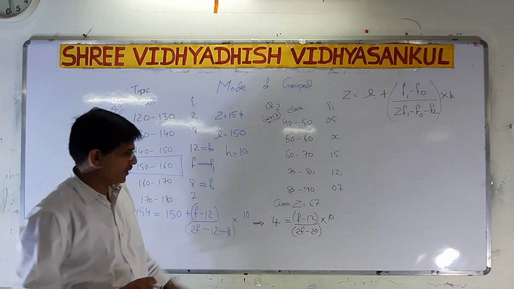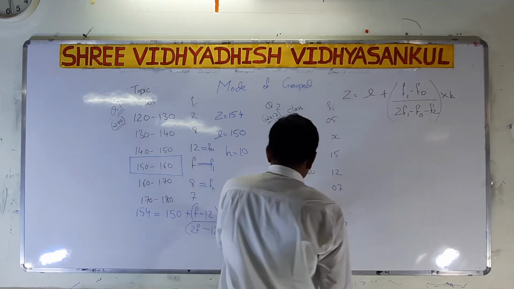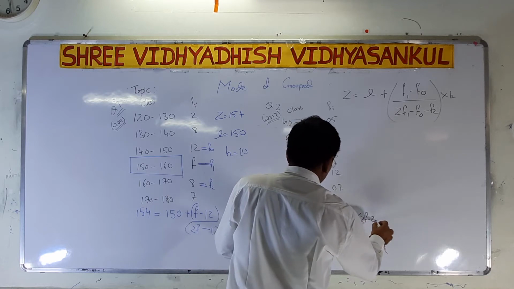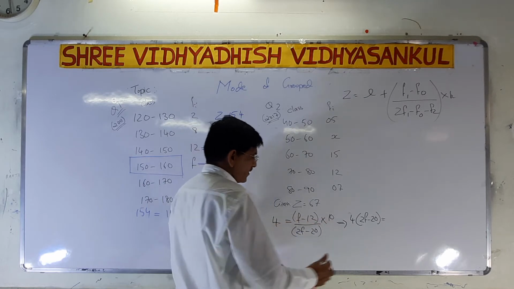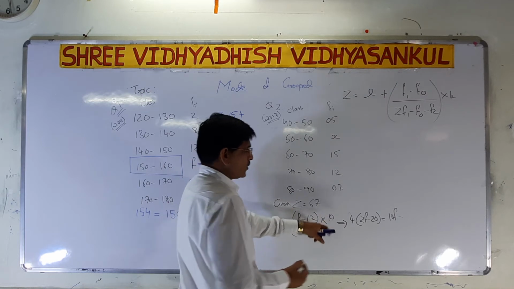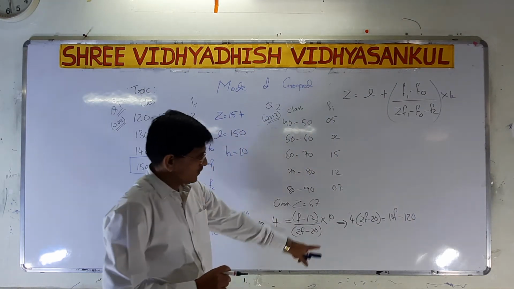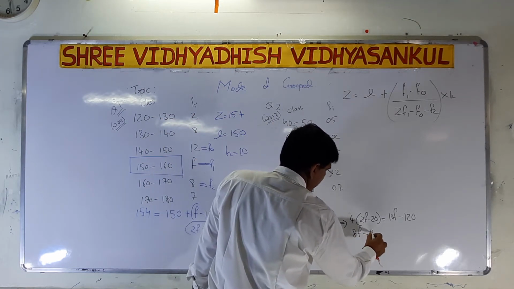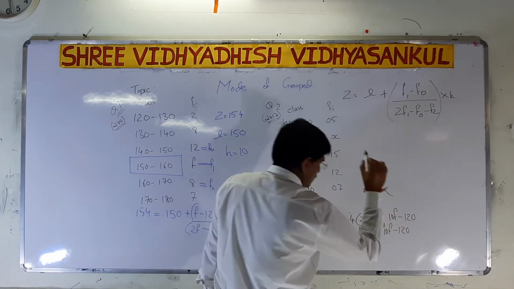So 4 in bracket (2F minus 20) is equal to 10 into F minus 12 into 10, that is 10F minus 120. Opening the bracket, 8F minus 80 is equal to 10F minus 120.